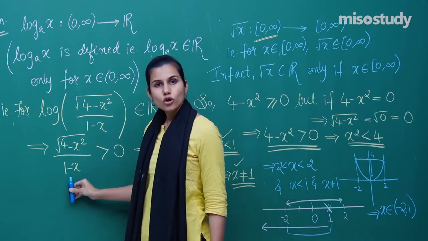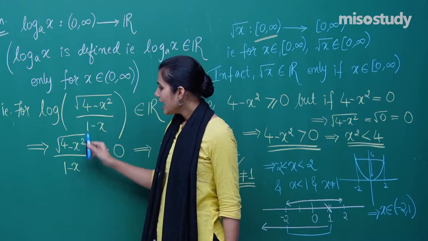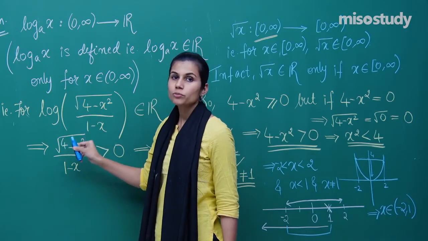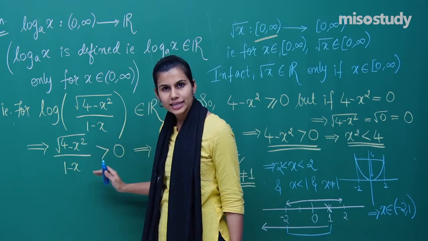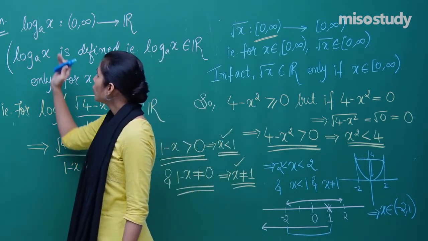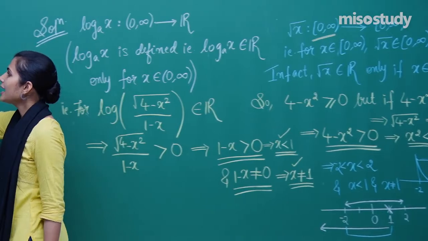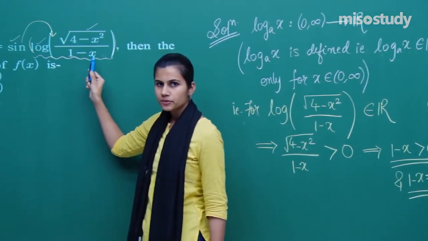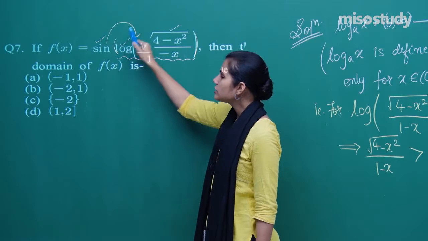For the denominator also to be non-zero and greater than 0, and the numerator also to be greater than 0, only then will this expression be greater than 0, and only then will log be applied to it, and only then will sine be applied to this. So sine will be applied to this expression only when this expression is real.